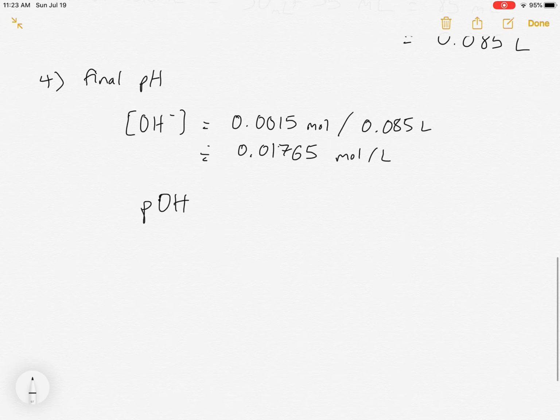Then we want to find the pOH, which is the negative log of the concentration of hydroxide ions, which we found. And then when you find the pOH, you're going to get a value of around 0.75. But we were asked for the pH, which, remember, pH plus pOH equals 14.